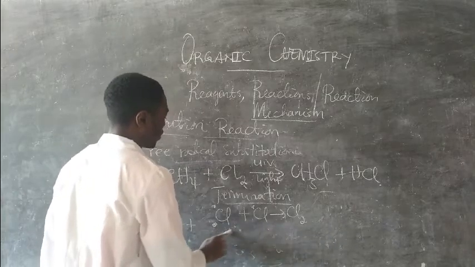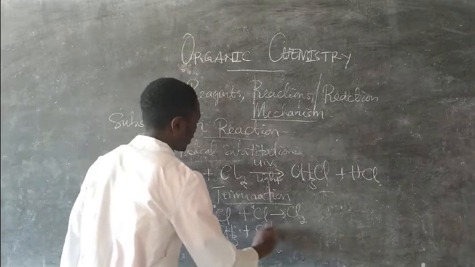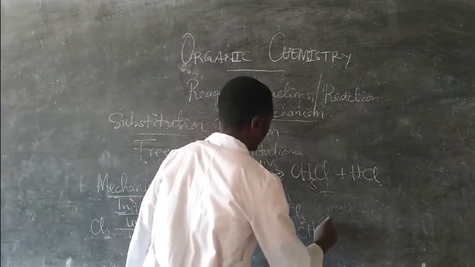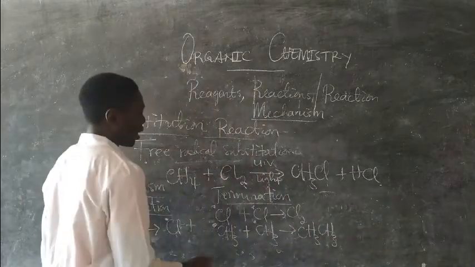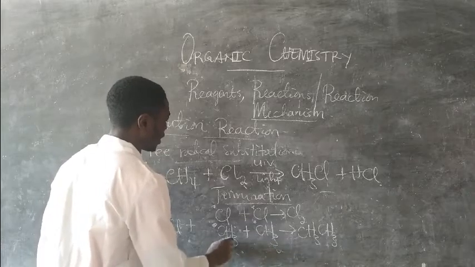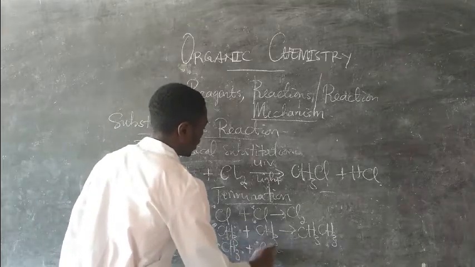We have CH3 radical reacting with other CH3 radicals to give us C2H6, and then we have CH3 radicals plus Cl radical.